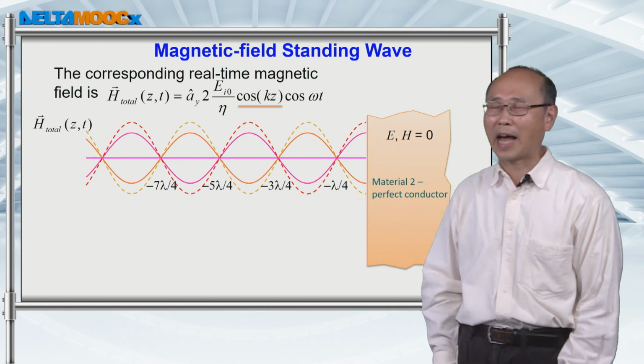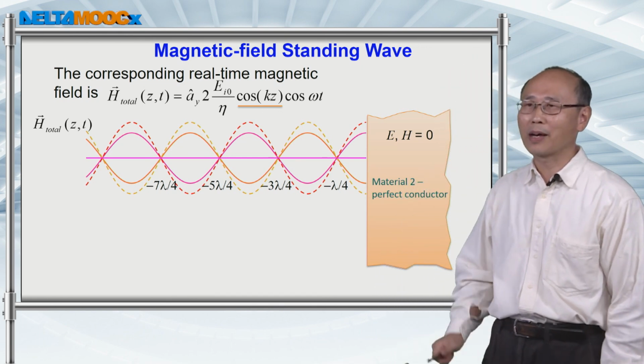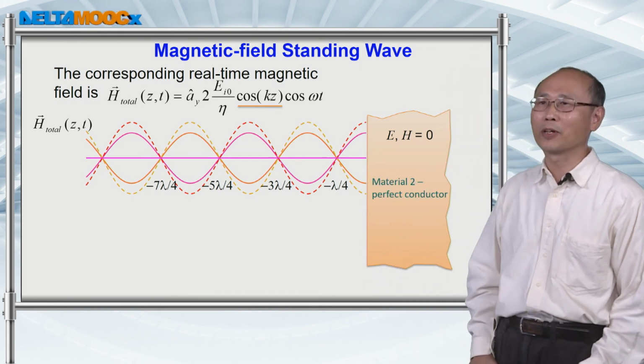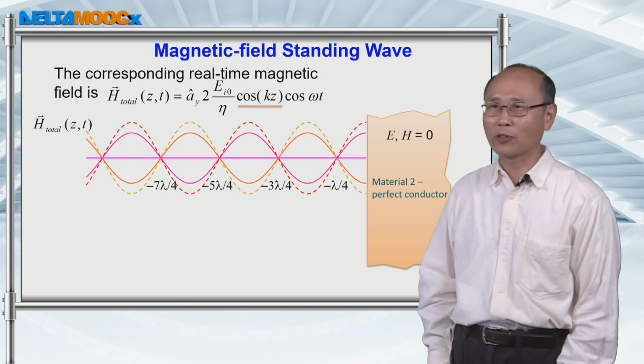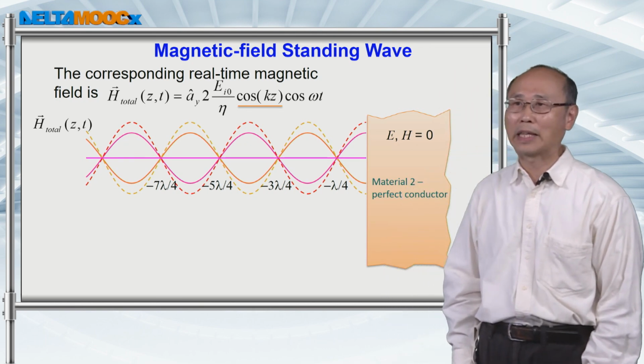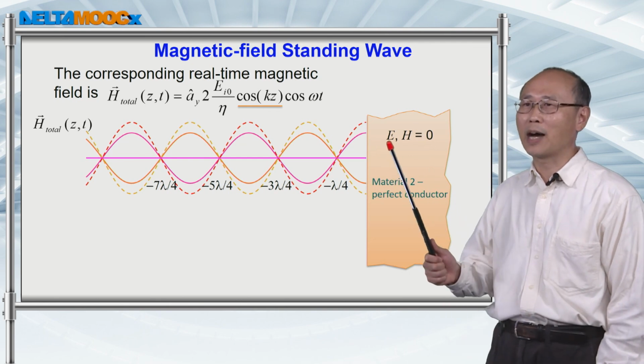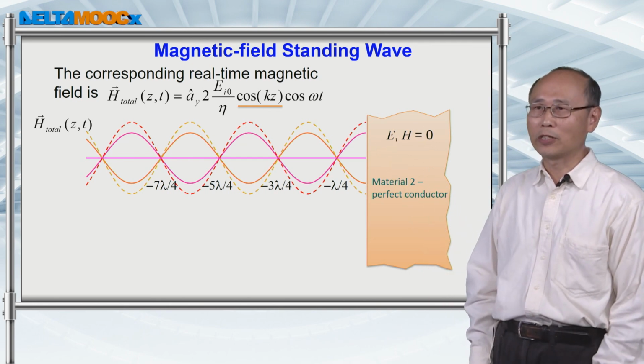Unlike the last page, where you have the minimum for the electric field at the boundary, because the tangential component of the electric field has to be continuous across the boundary, and it happens that on the right-hand side, the electric field is equal to 0.